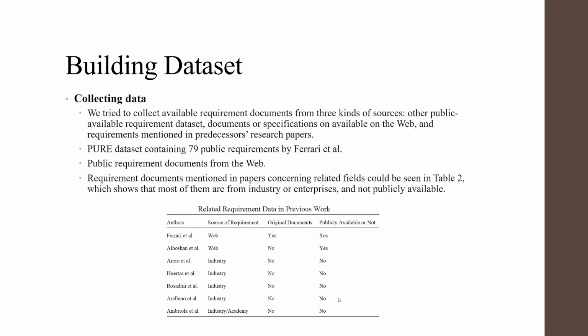The whole dataset is composed of 148 public requirement documents ranging from 1994 to 2019. We do not claim a full coverage of all available public requirement documents on the Internet because they are dynamic.